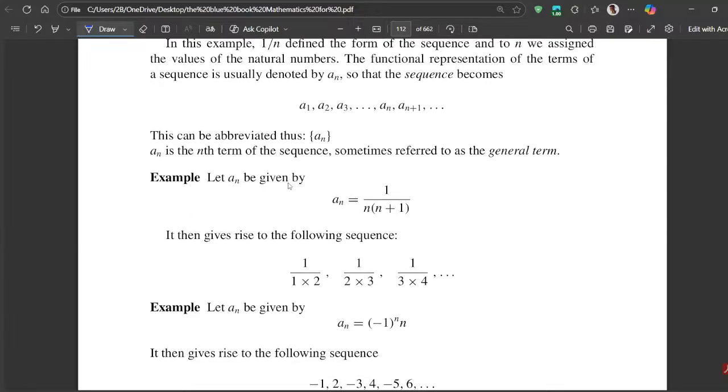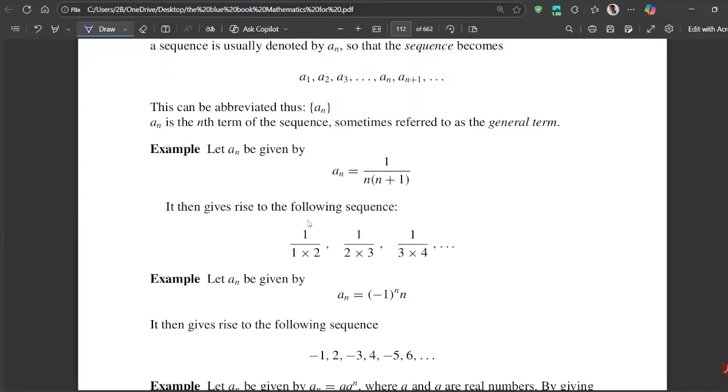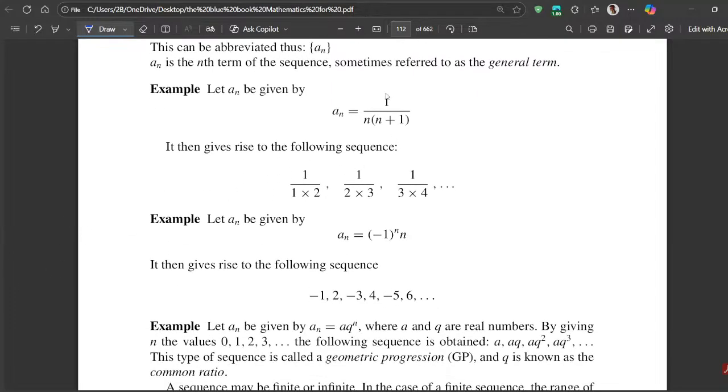Example: let a_n be given by a_n equals 1 over n times (n plus 1). Understandable. So it's gonna be 1 over 1 times 2, because it's 1 plus 1. Then 2 plus 1, which is 3. Then 3 plus 1, which is 4. Sorry, I meant to circle this.